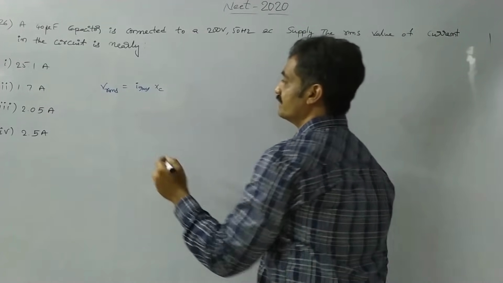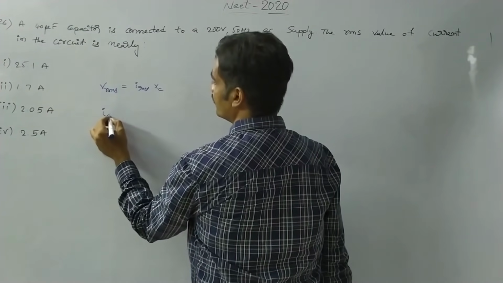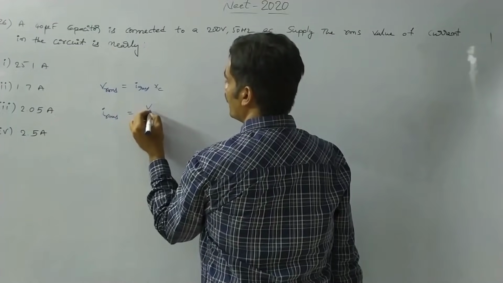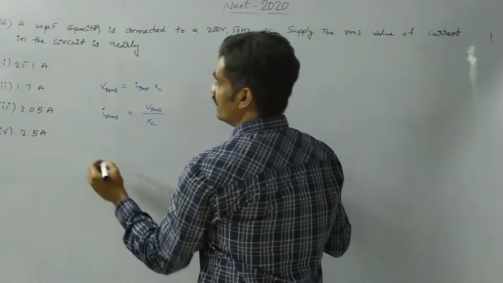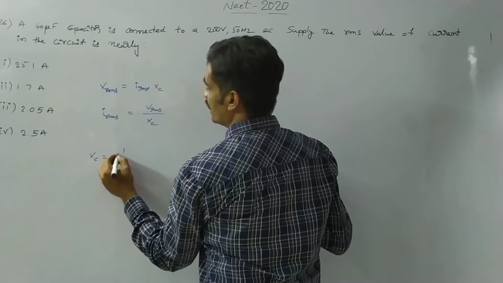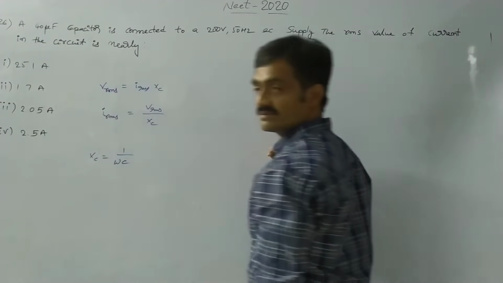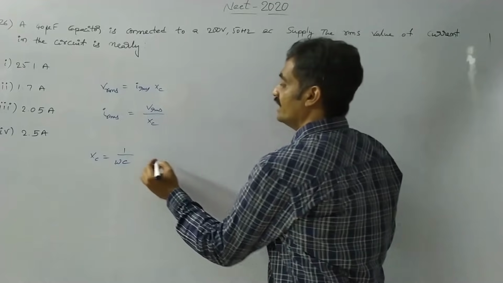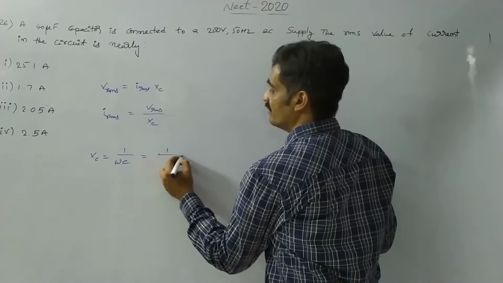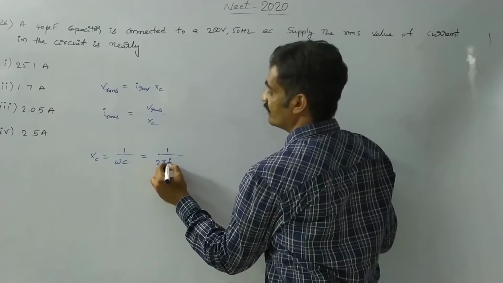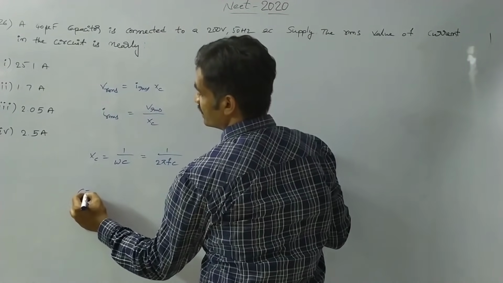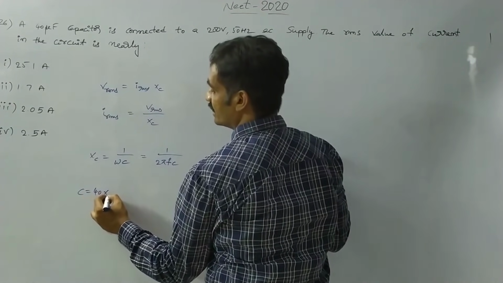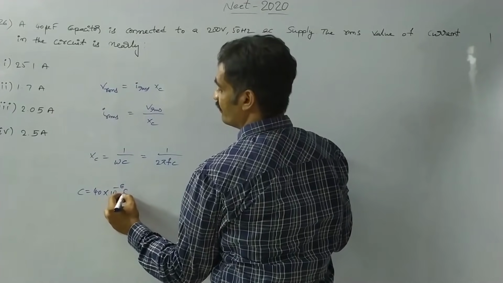Then the RMS value of current equals Vrms by X_C, where X_C equals 1 by omega C, and omega equals 2 pi f. The value of C is 40 microfarad, so we can write it as 40 × 10^-6 farad.